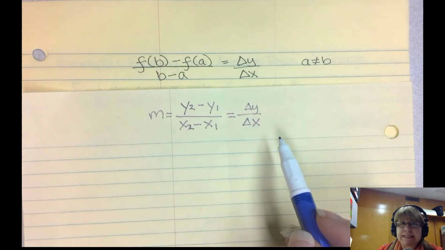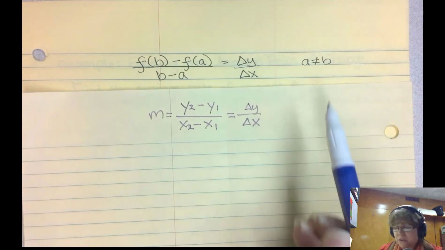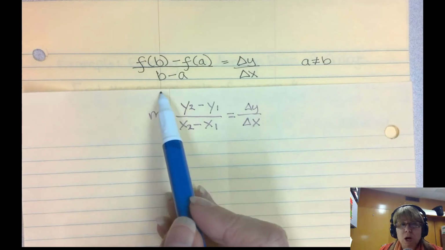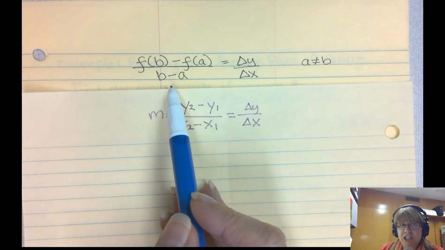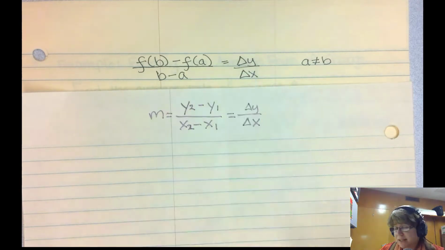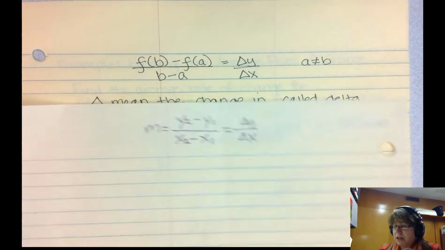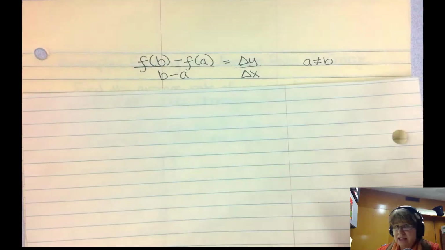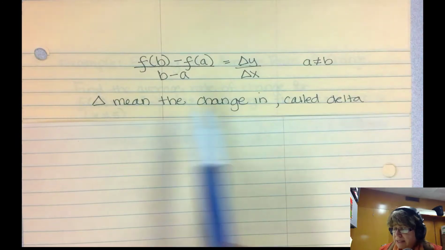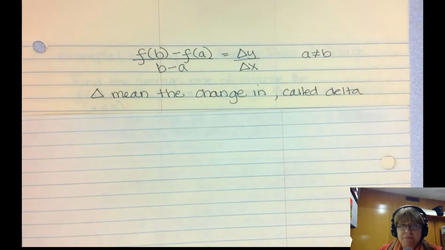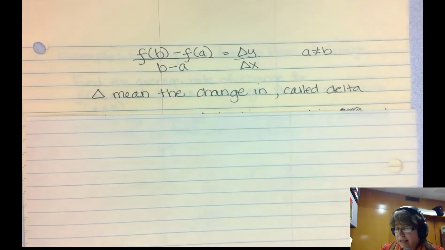And seeing as this is a pre-calculus class, of course we're going to hit you up a little bit slower when it comes to getting you to that point of function notation and these ideas of changes. All right, so let me get rid of that little formula. And this delta is just the change in y and x.